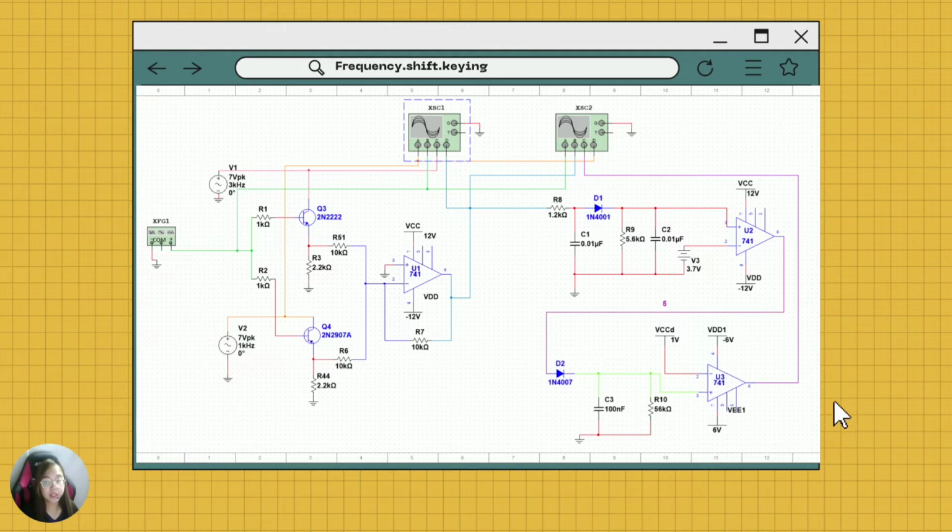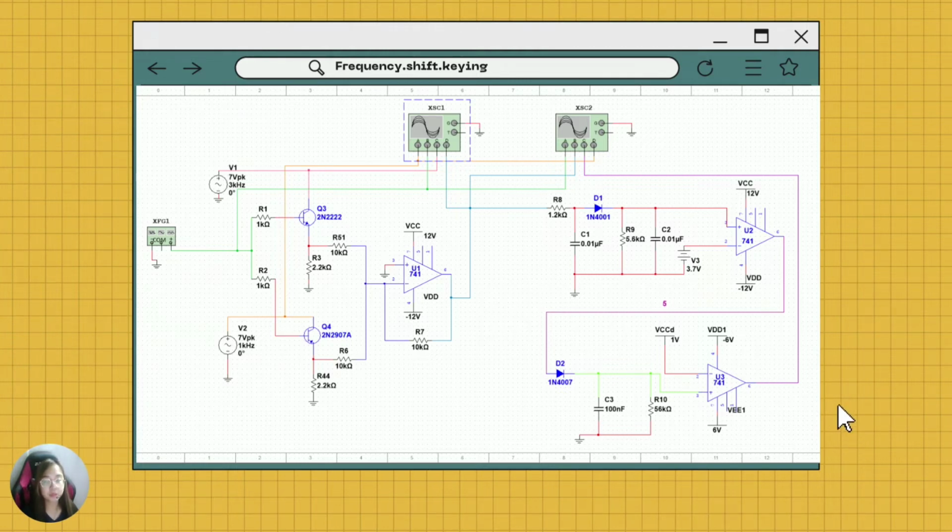Two AC power sources, B1 and B2, having the same amplitude of 7 volts but different frequencies, are being used. The V1 functions as the voltage through the collector of the transistor, and B2 is for the second transistor.